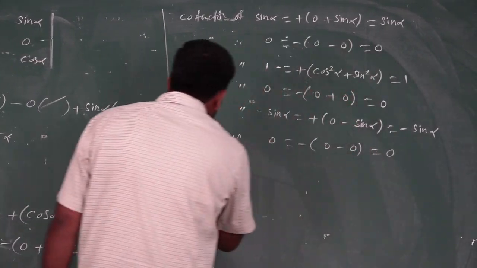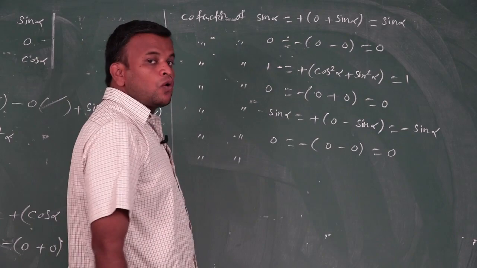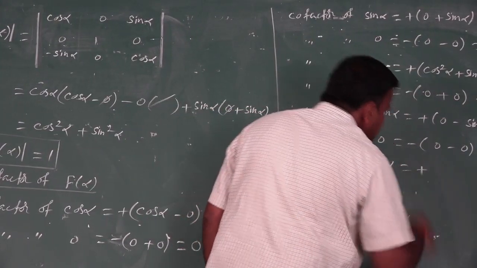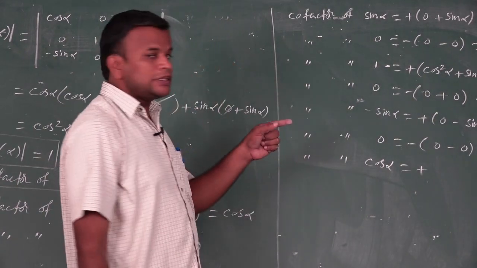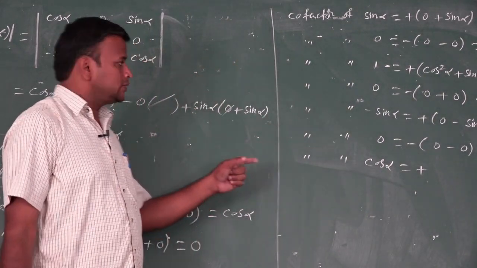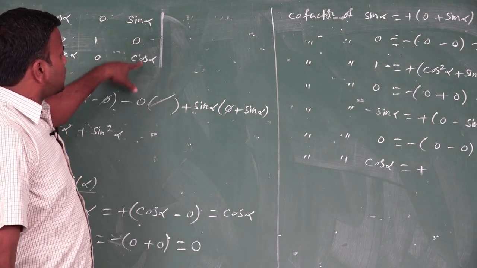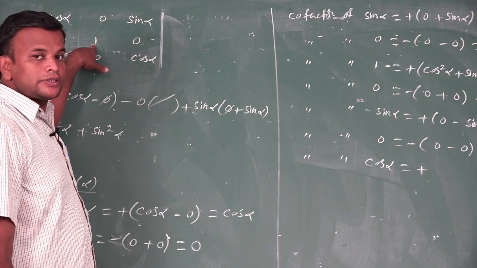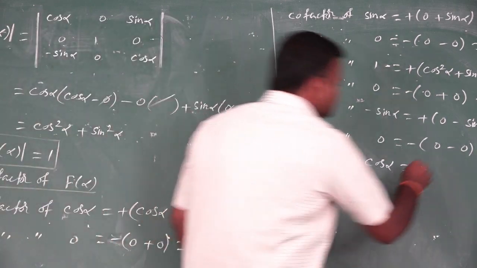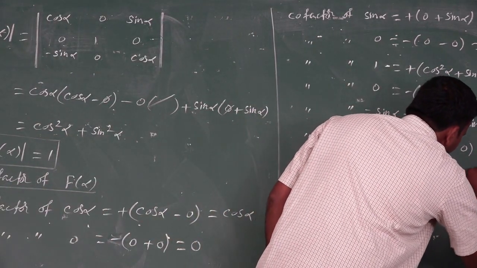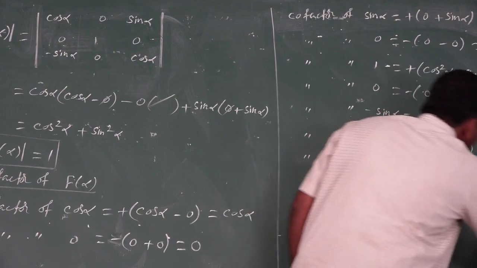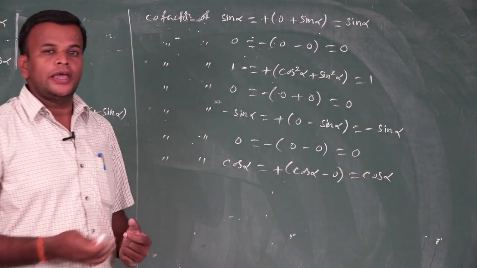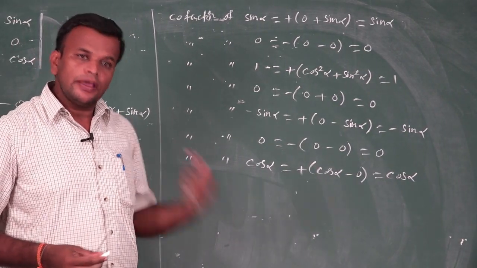So just 0. Last one. Cofactor of the last element, which is cos alpha, whose symbol is plus. We leave this column and this row. Remaining value: cos alpha into 1 is cos alpha minus 0. So cos alpha. So we find the cofactor of each and every element.